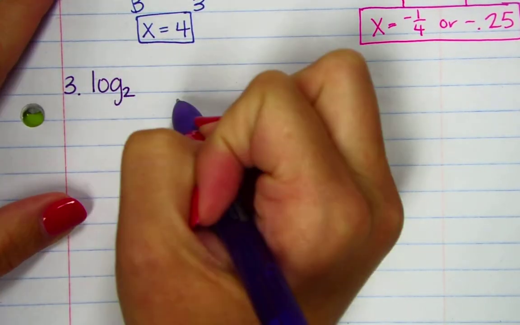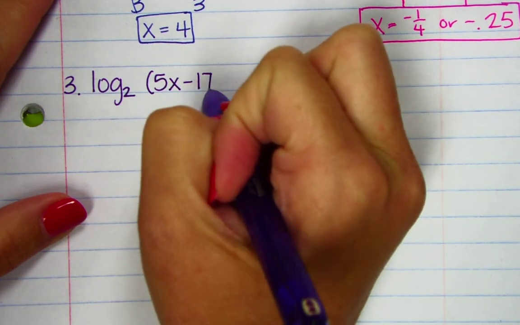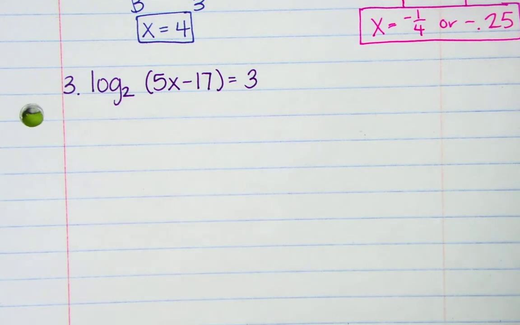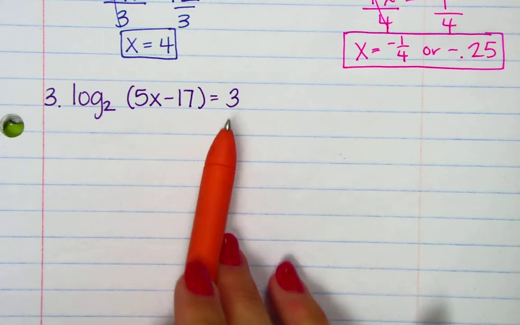Here we go: log base 2 of (5x minus 17) equals 3. Is this one like the other two? It doesn't have a log on both sides.